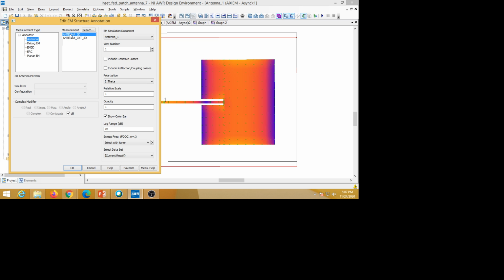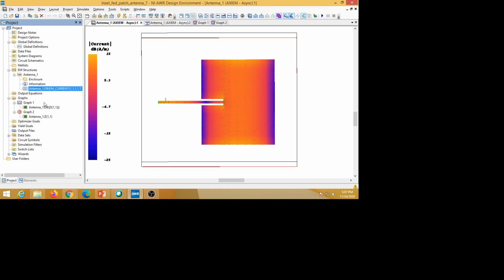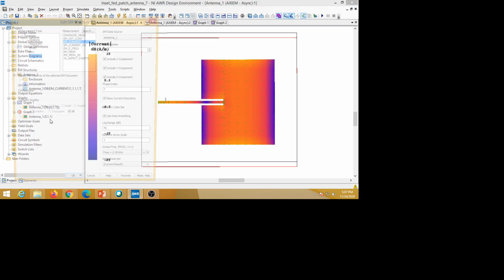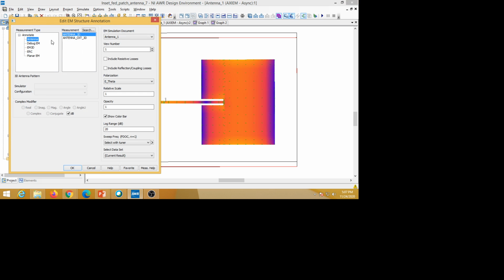This is the antenna 3D. You go to 3D rotation only. Take the antenna 3D, include losses. You should say include losses.